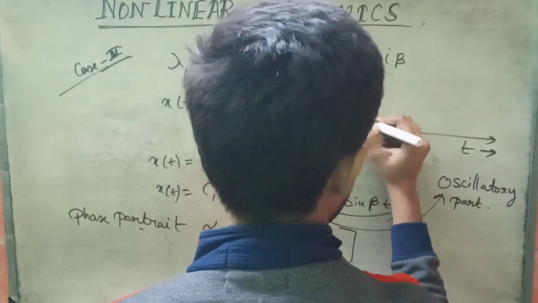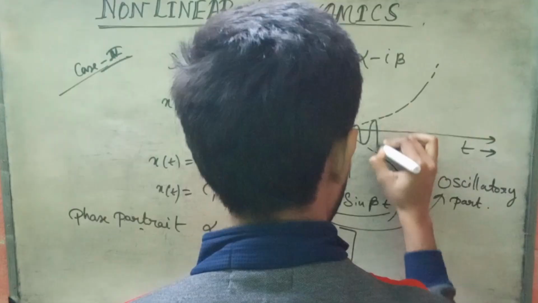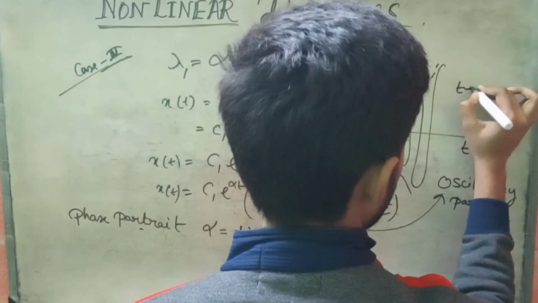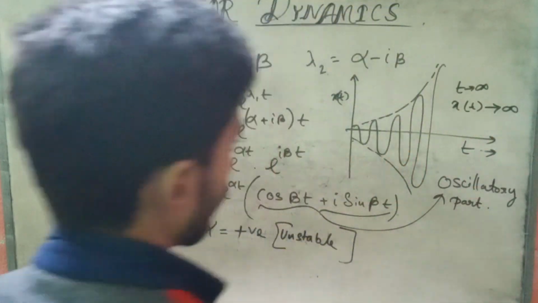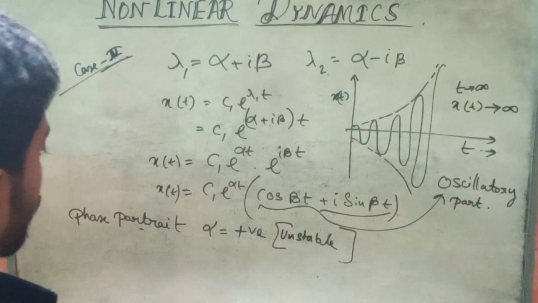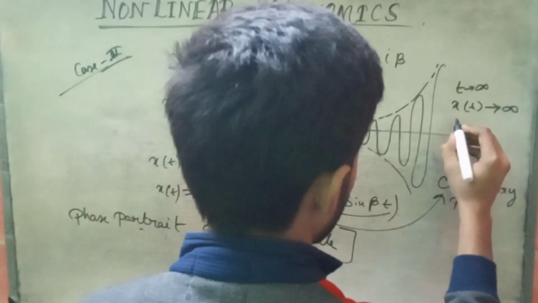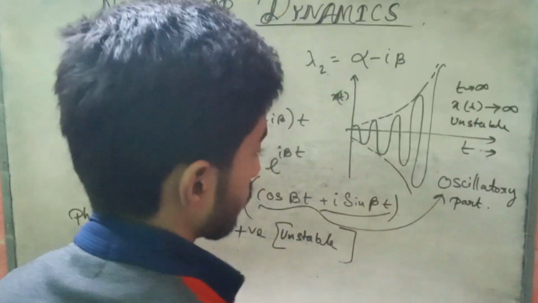As t tends to infinity, x(t) tends to infinity, so we can say that the fixed point where alpha is positive is an unstable fixed point.